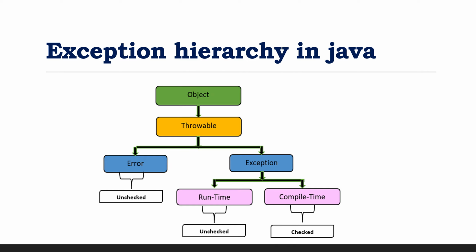So basically an error is unrecoverable, but an exception is an error which we can handle or do something about. As we have already discussed, all the unchecked exceptions, or you can say runtime exceptions, come under error, but exception can again be divided into two parts: runtime exception, which comes under unchecked exception, and compile time exception, which comes under checked exception.